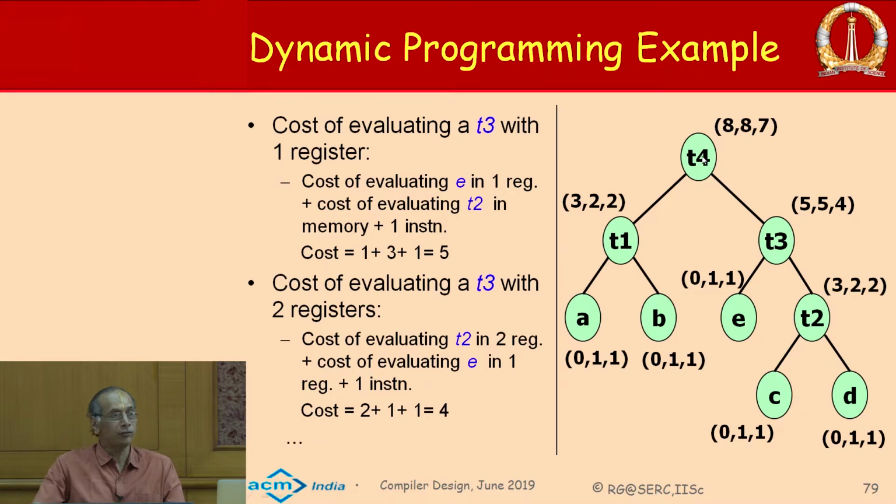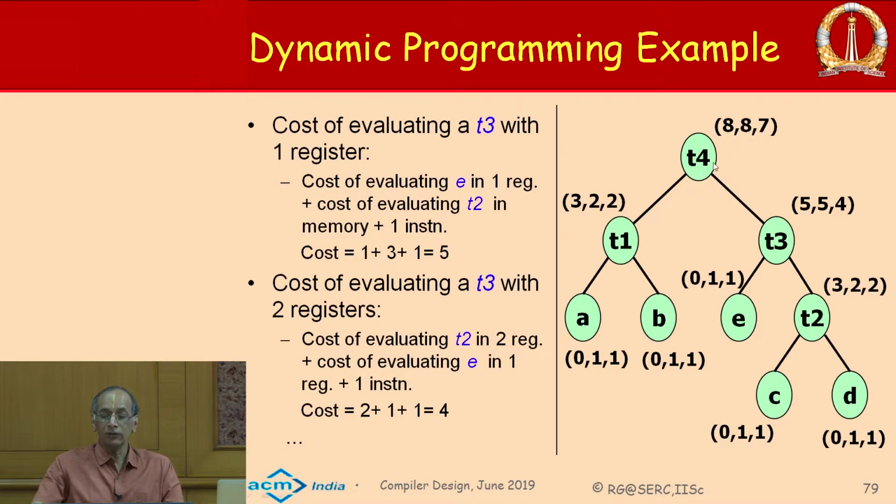Now, let us look at T4. Calculating T4 with one register is calculating this with one register and this in memory. So, that would be 5 plus 2, 7, plus 1, 8. If you have one register, that is the only possibility because you can't give the register to the right side.